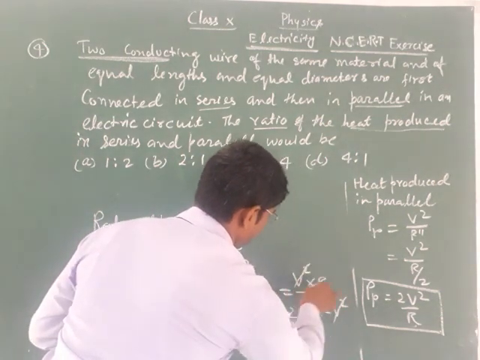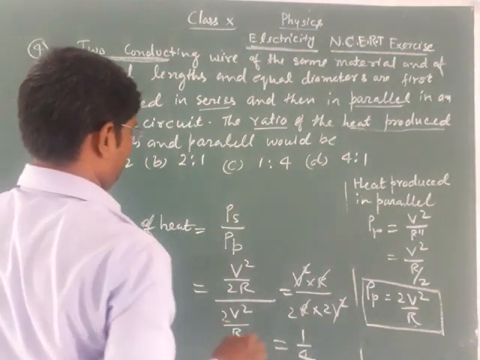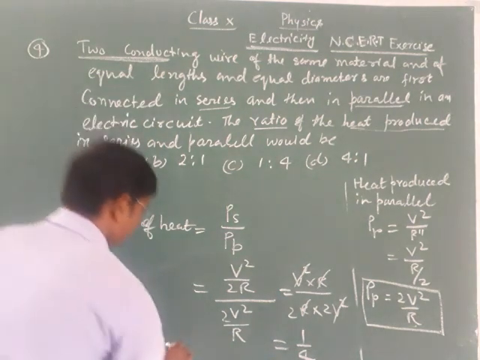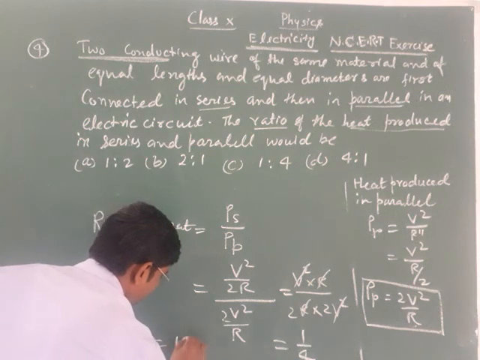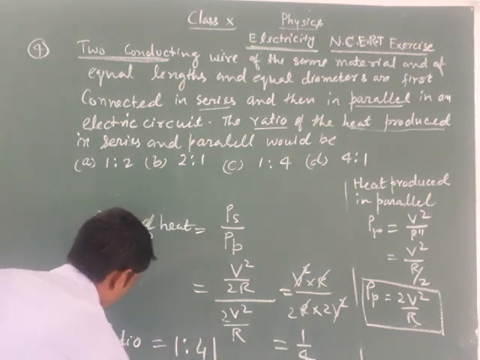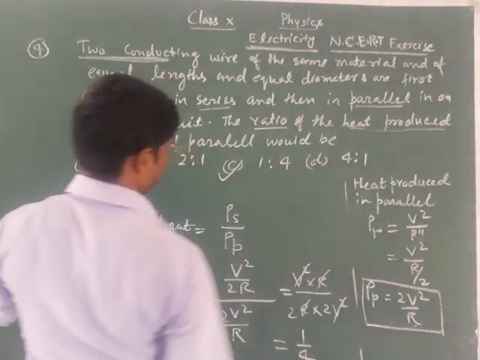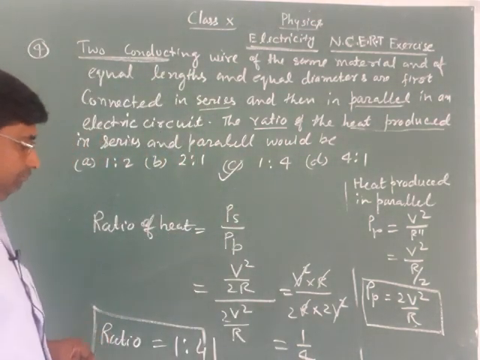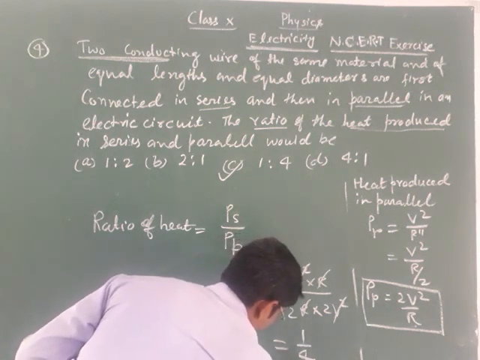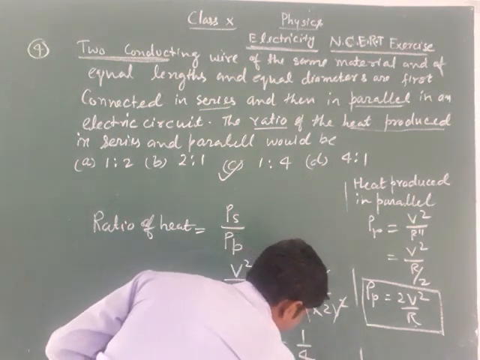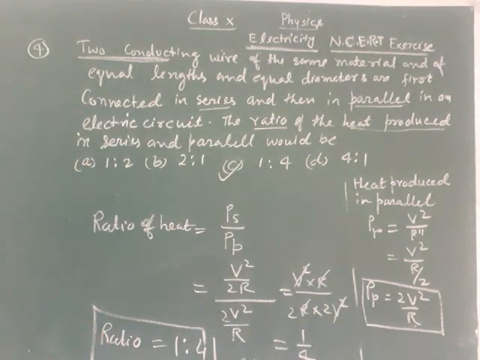V square cancels out, R cancels out, we get 1 upon 4. So the ratio is 1 ratio 4. So C is correct answer.